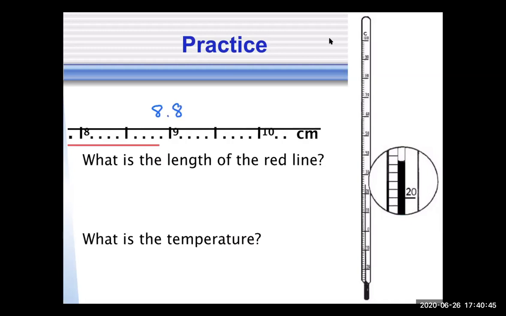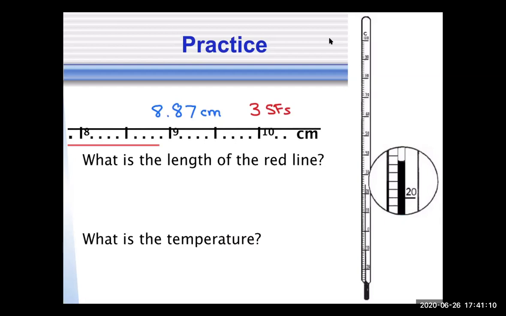And then I need to estimate one more. I can see that this red line is definitely beyond half. So 8.85, it's past that. And I'm going to estimate 8.87 centimeters. And so that red line has 3 sig figs.